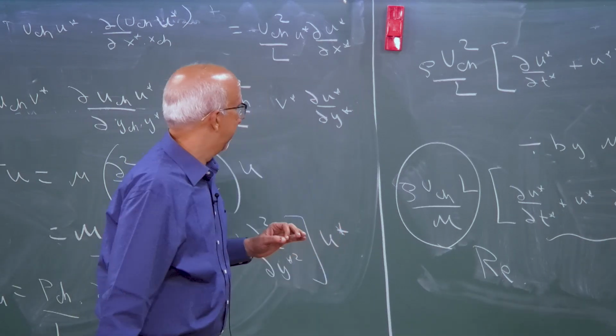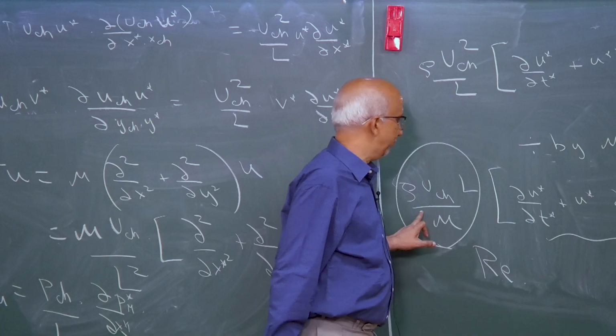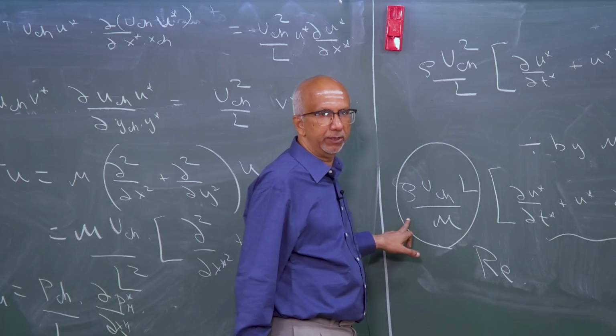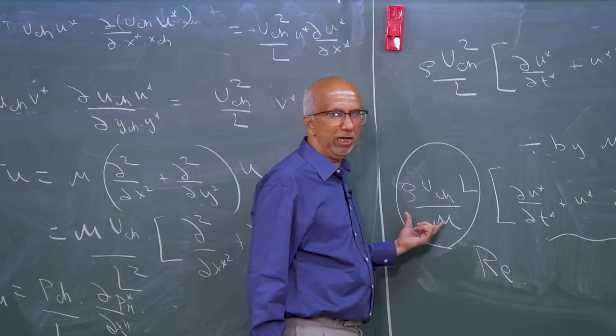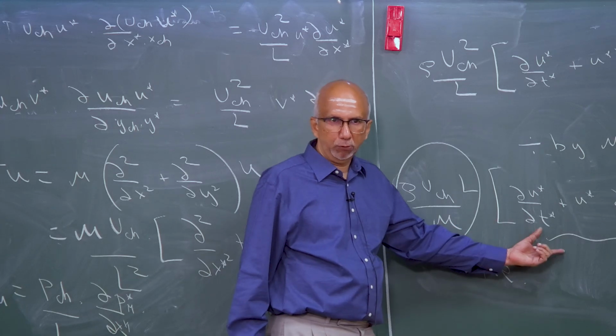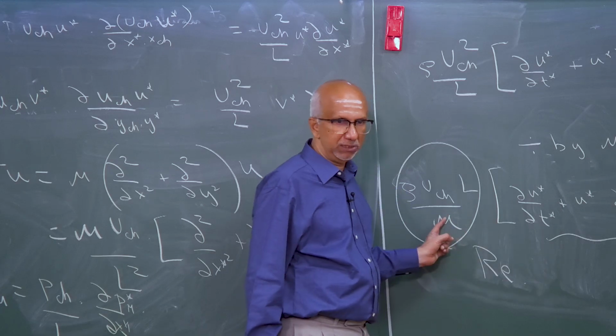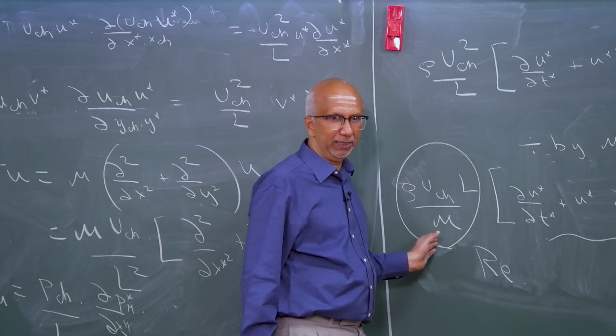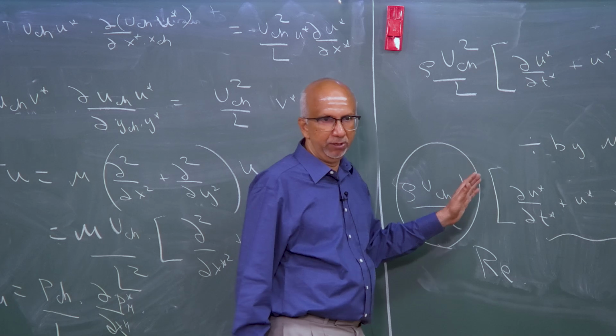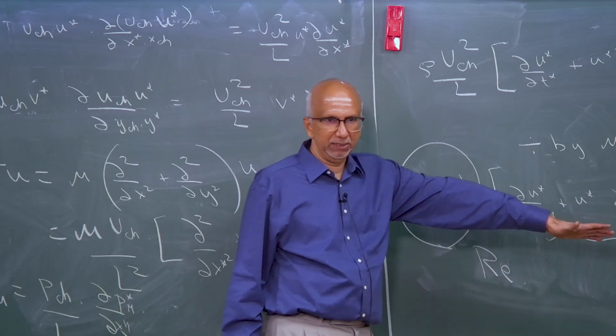Only then, if they are of the same order, if I multiply this by the Reynolds number, the value of the Reynolds number tells you the importance of this force or this term. If the Reynolds number is very, very low, I can now neglect it. Suppose Reynolds number is 10 power minus 5, then this term on the left hand side is negligible.